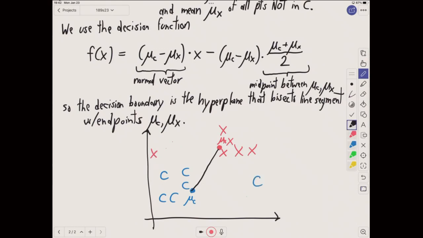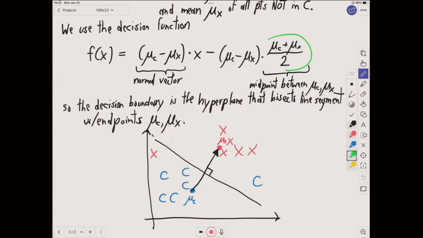Once we've decided that those are the centroids of the C's and the centroids of the X's, the normal vector is going to be the vector connecting them, which means that the hyperplane itself is going to be the plane orthogonal to that normal vector that passes exactly halfway between mu C and mu X. I did not draw that very well, but there's a slightly better attempt.